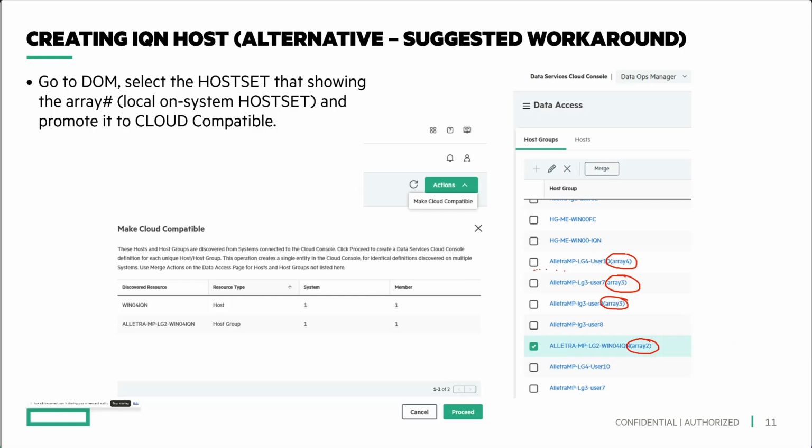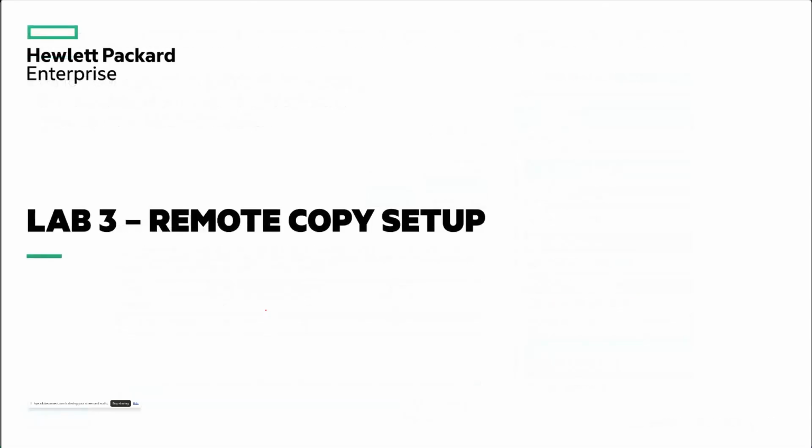So what you need to do is make this cloud compatible. If you see this problem, you can make it cloud compatible. They will run through the whole process, do the filter, and set it up to become DSCC compatible.